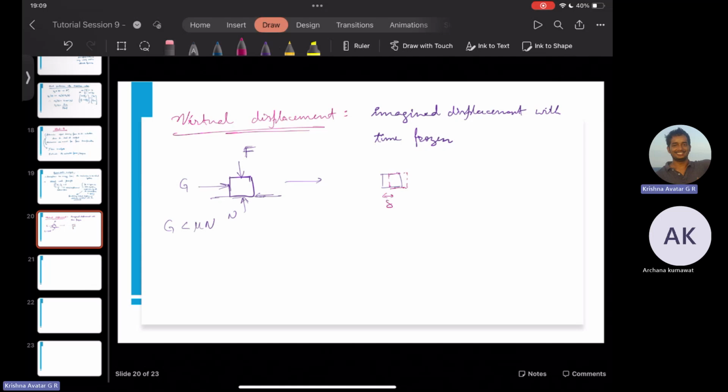Mind you, this is virtual because the displacement is not taking place in reality. We are just allowing the system to undergo some displacement which is consistent with the constraints.